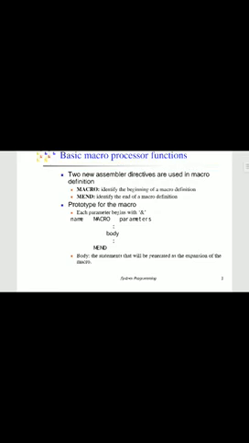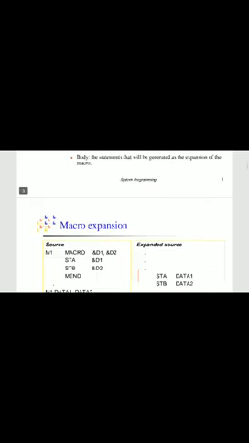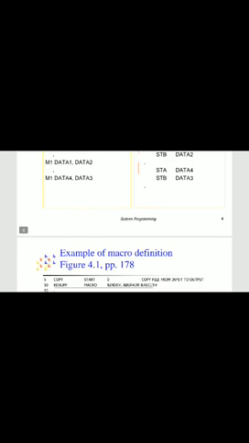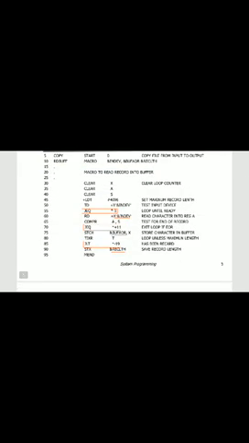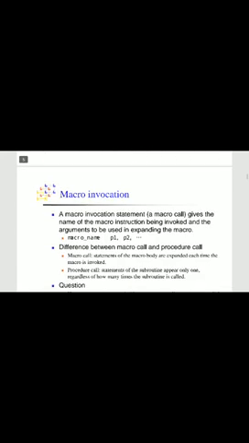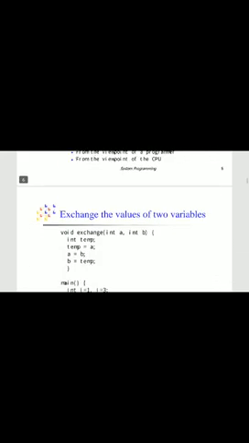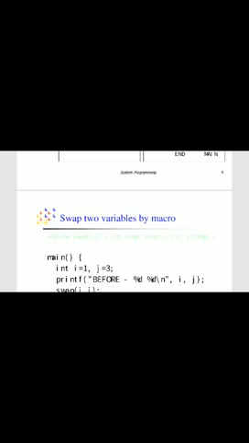Whenever you expand, you have to invoke like this. And whenever you write macros, please avoid giving labels, and when you invoke, the entire code is substituted. So this is about a macro processor.